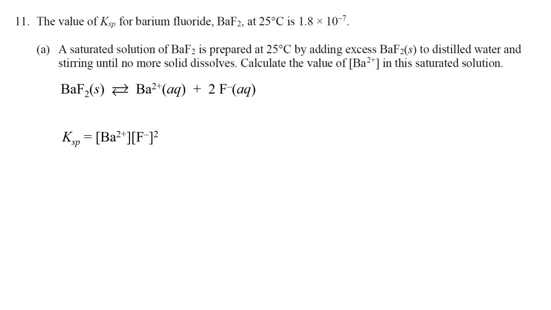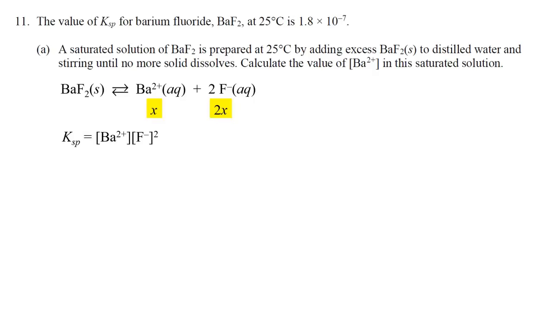Now, since we don't know the concentration of either one of these ions, then we can let X represent the concentration of the barium ions in this saturated solution. And then since 2 moles of fluoride are produced for every 1 mole of barium, then the concentration of the fluoride ions in this saturated solution would be 2X.